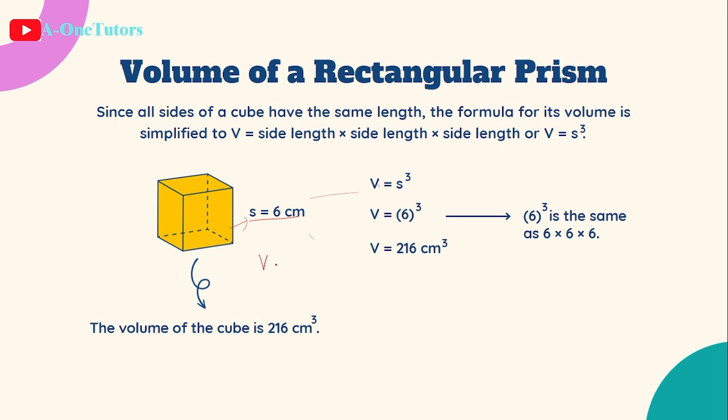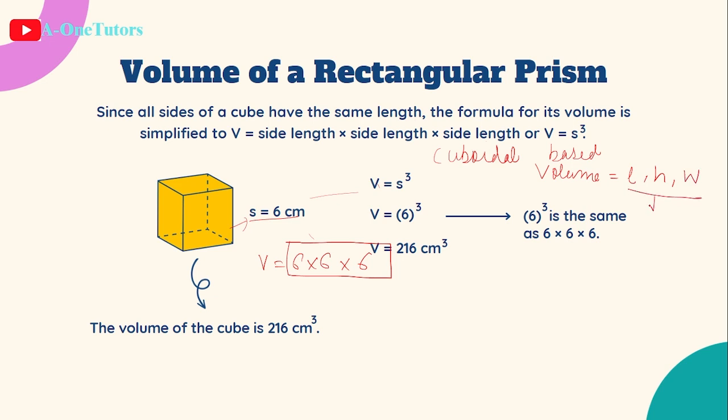Now here I earlier mentioned that the side length for a cube is always equal, and thus it has a volume of 6 times 6 times 6, as it has no difference in its side length, whereas there is a difference in cuboid-based volume, as the length, the height and the width would never correlate.